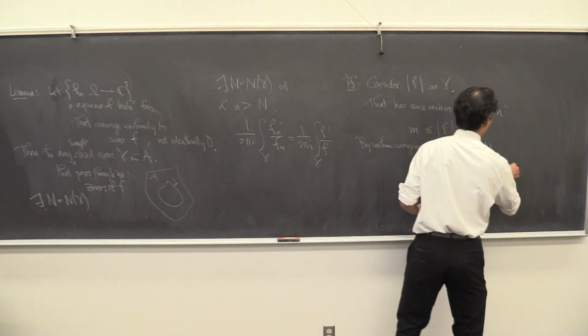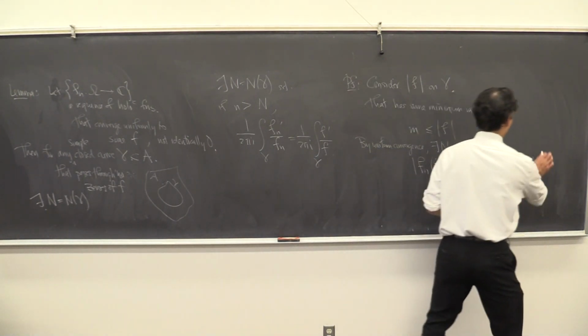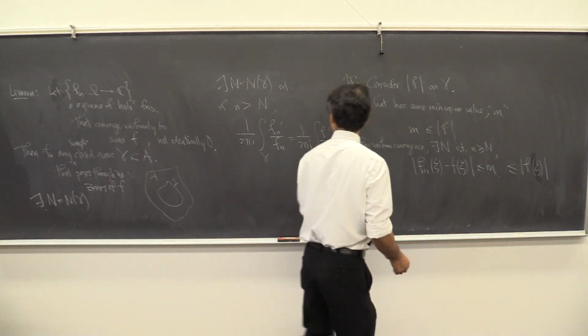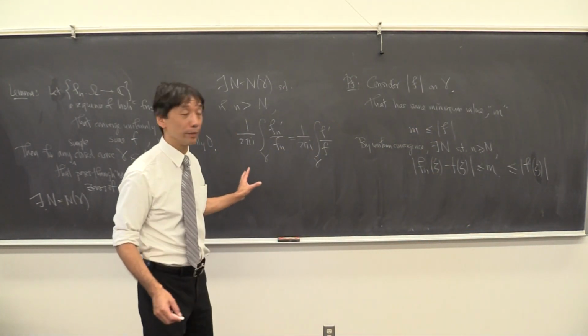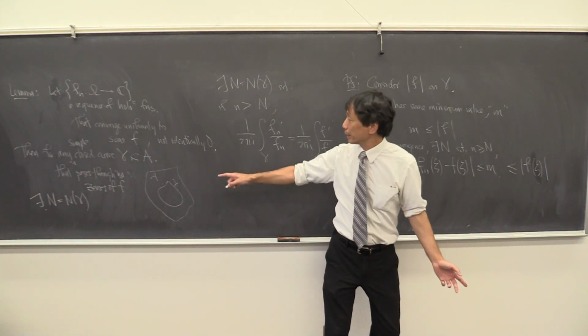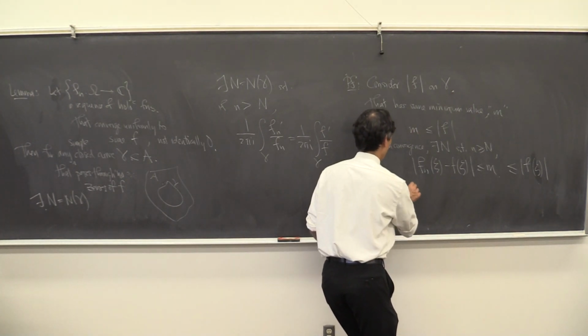But then this relationship holds on the curve, and so you know that they have the same number of zeros, and that's exactly what we were saying here. So by Rouché's theorem.